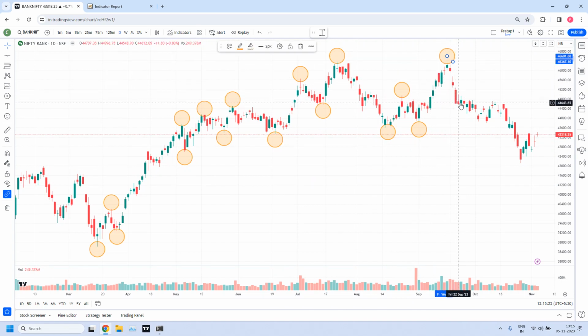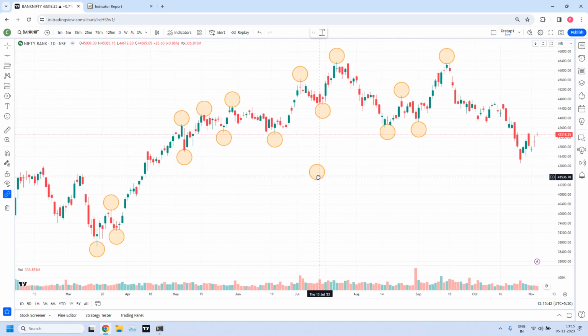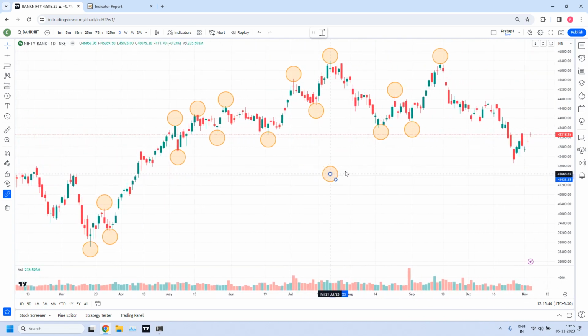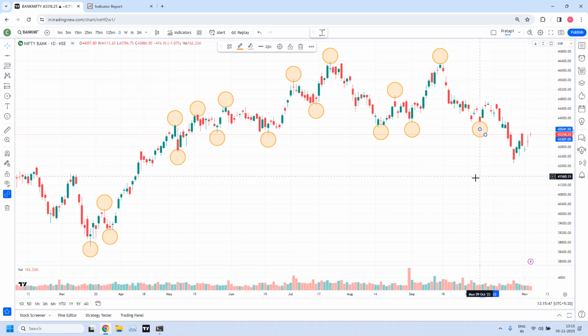And from here down, whatever this thing is, it is not the end. This price action, you may consider here, nothing wrong. Maybe this is the swing low.